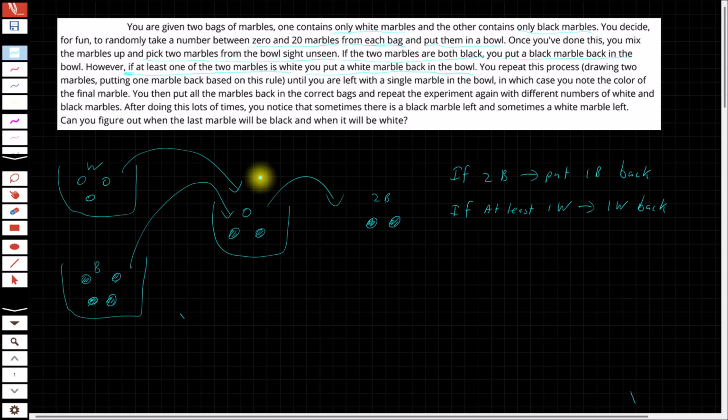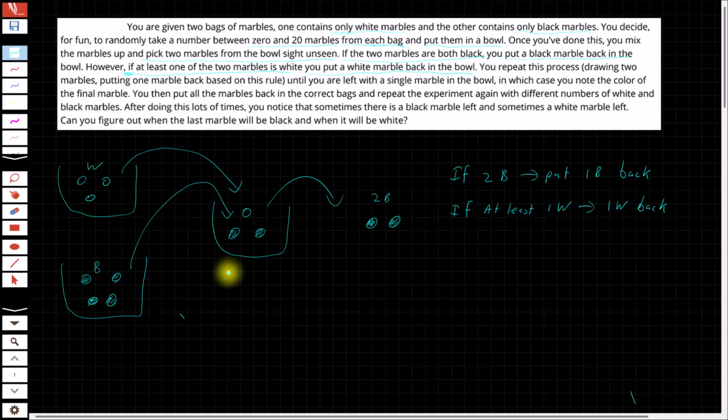So that means the next time we pull out of this bag, we'll have a white and a black, which means we won't have this rule here, we'll have this rule here. If at least one white, we put one white back. So because we have a black and a white, we put that white one back, which means white will be the last marble to come out of this bag. So for this particular setup here, with these amount of marbles and combinations, we get a white marble being last, which answers this question here.